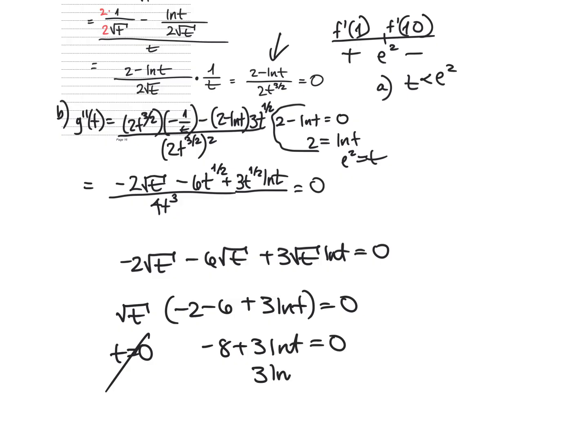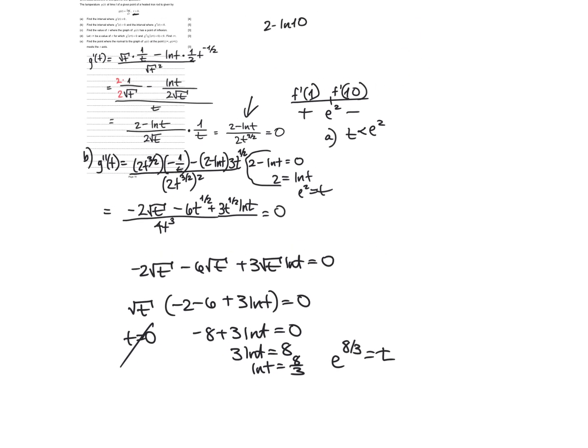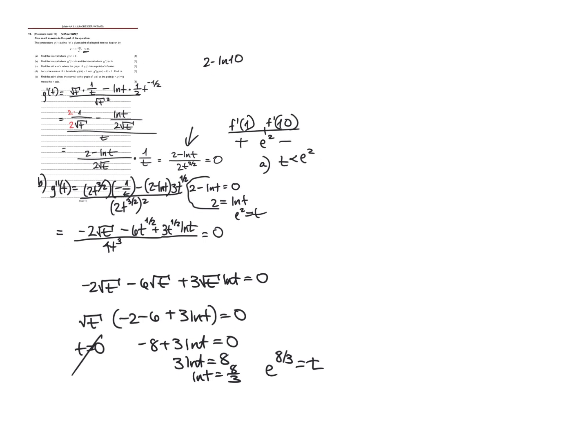So 3 natural log t is 8. Divide by 3. So e to the 8/3 is t. So now we need to find out, if we draw a number line, e to the 8/3. This is e to the 2 2/3.